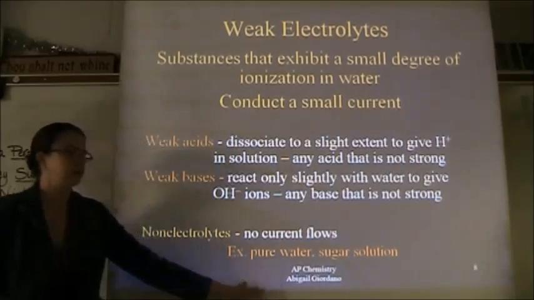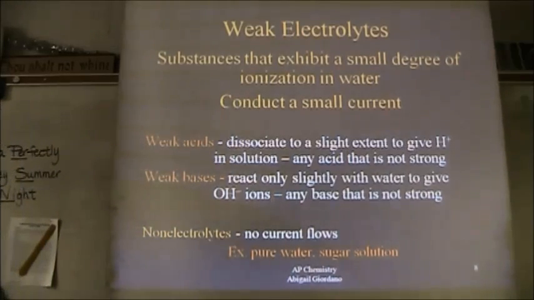Let's talk about pure water. When I say pure water, and I know what you're thinking, like, well, what other kind of water is there? Well, let's think about if I took a sample of water from the faucet over here. Would that sample of water be truly just H2O and nothing else? No. Well, what else is in there?